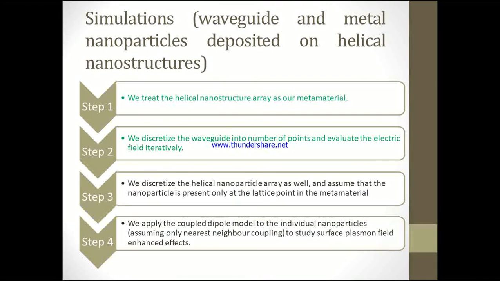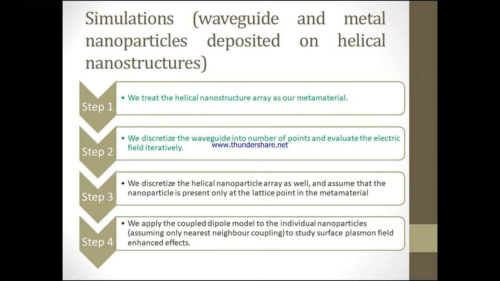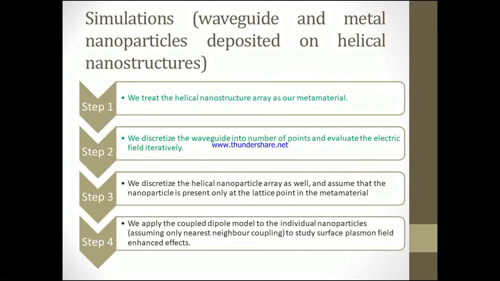For the simulations, this is how we'll go about this. We treat the helical nanostructure array as our metamaterial, we discretize the entire structure, even the waveguide as well as the helical nanostructure array.